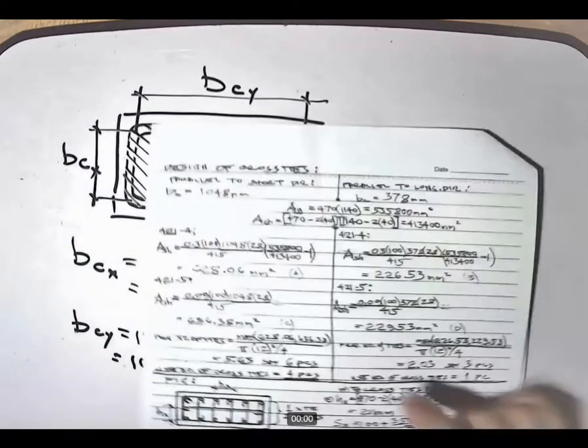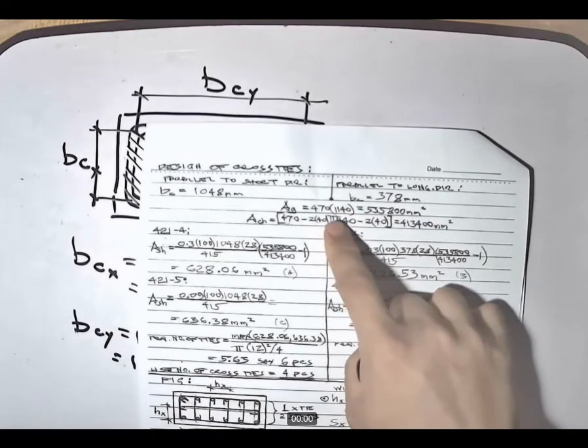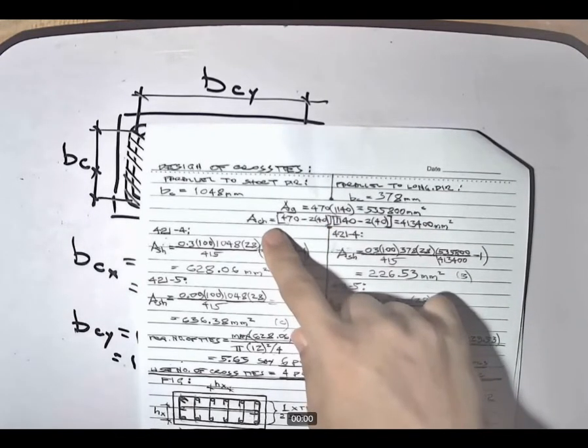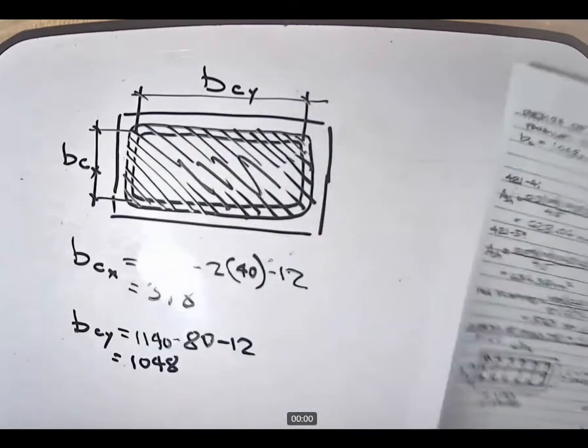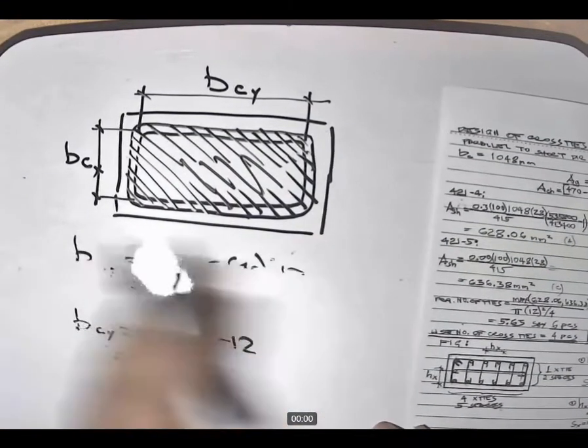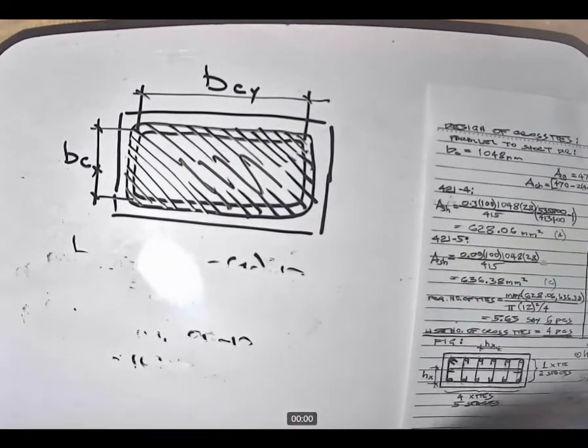So area gross is simply 470 times 1140, and then area CH, that is the area bounded by the hoops, that is simply like this.